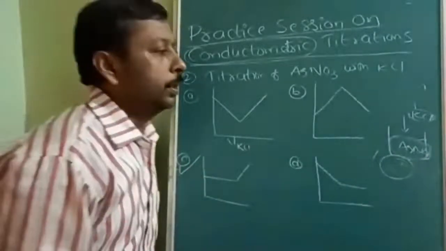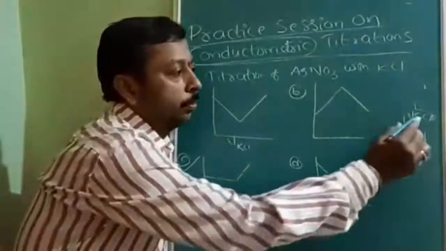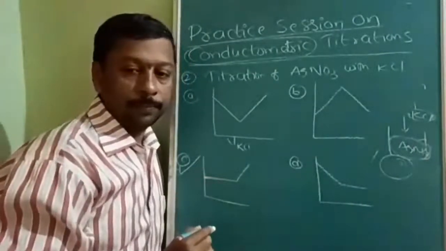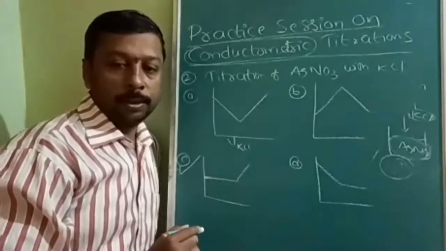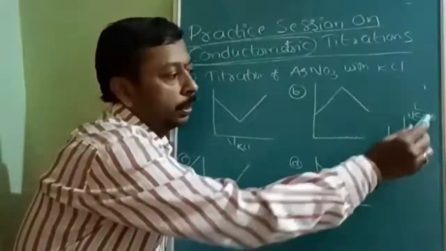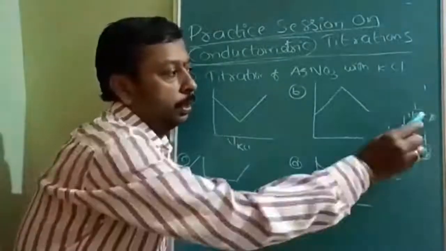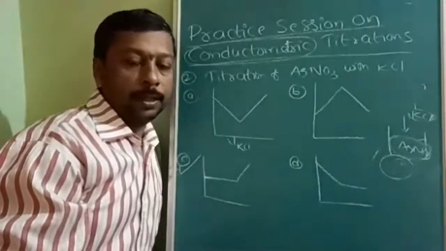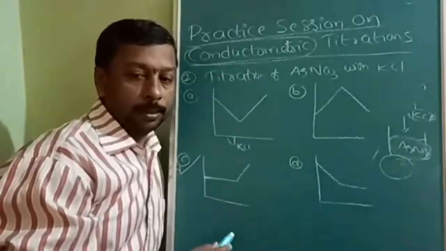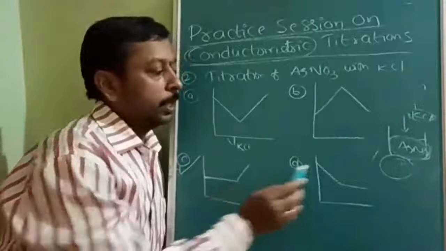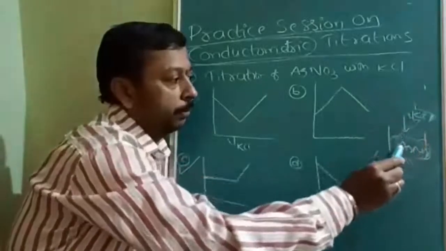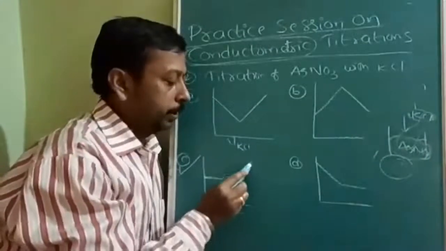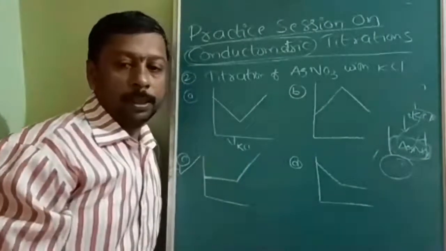So once you are replacing AgNO3 with KCl, initially there will be almost no change, because AgCl will precipitate and the number of K and NO3 will be the same as the number of AgNO3. Due to precipitation, it is constant. Then after complete precipitation of Ag with Cl, the number of ions will keep on increasing. Therefore, there will be an increase.